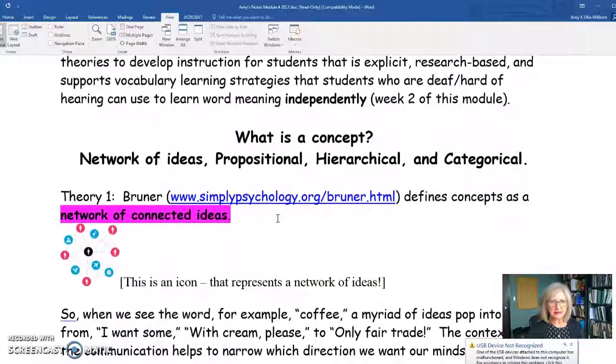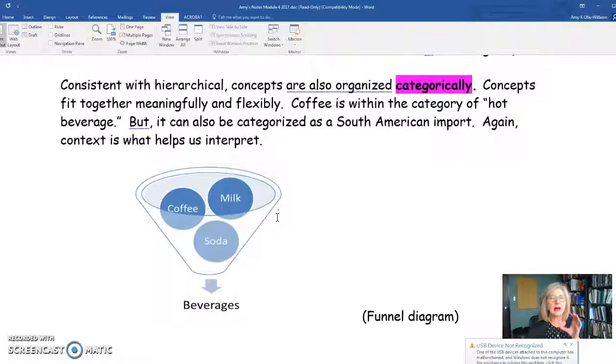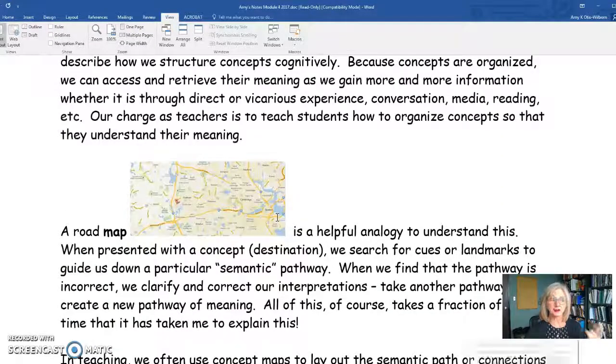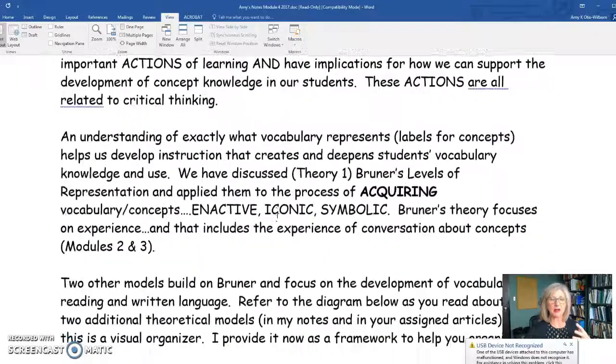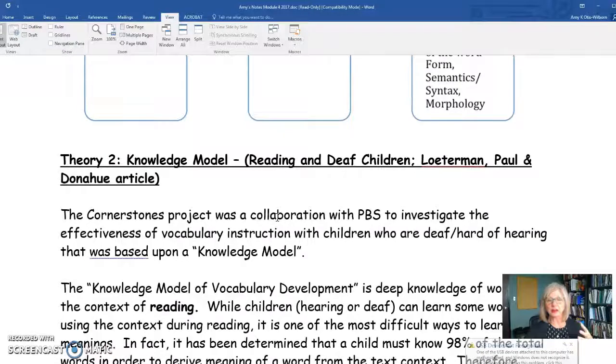Then the second theory, which is again focused on children who are deaf and hard of hearing and learning vocabulary, is called the knowledge theory. And Peter Paul, you've already read some work, a couple of chapters I think were by Peter Paul so far in the language class.